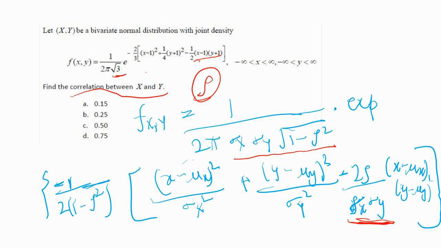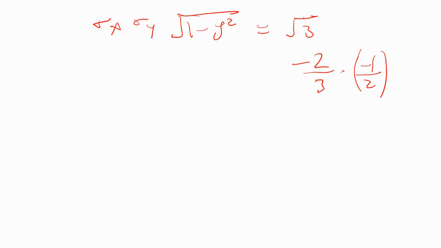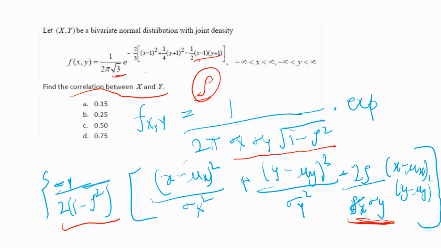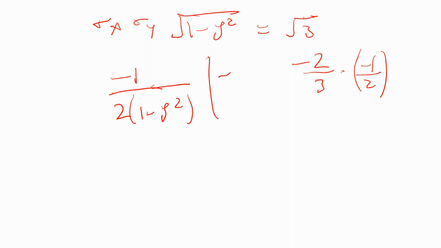Here the coefficient of x minus mu x, y minus mu y is minus 1 upon 2 into 1 minus rho square, into minus 2 rho divided by sigma x sigma y, right? So this one will be plus, plus, is equal to this.